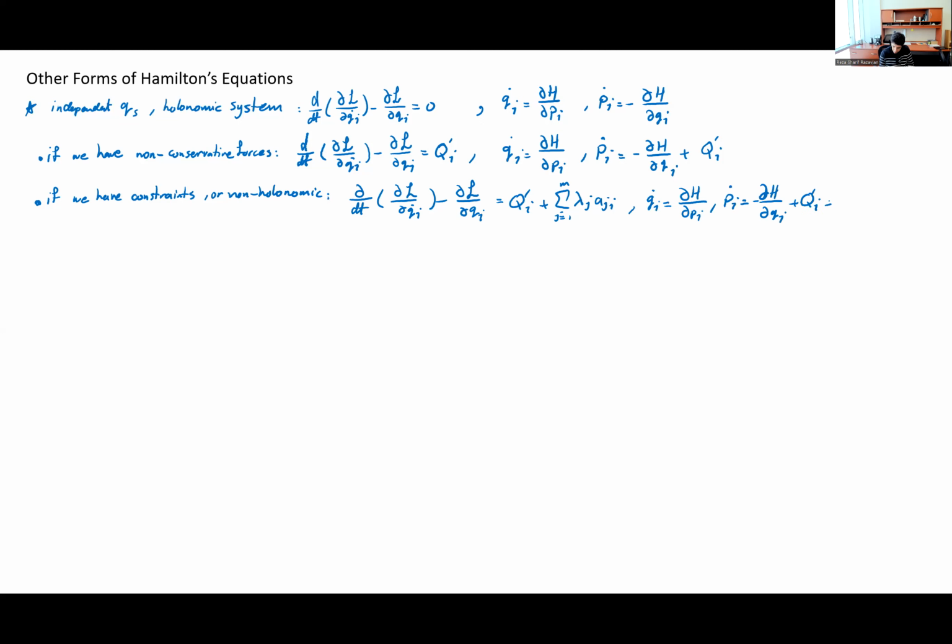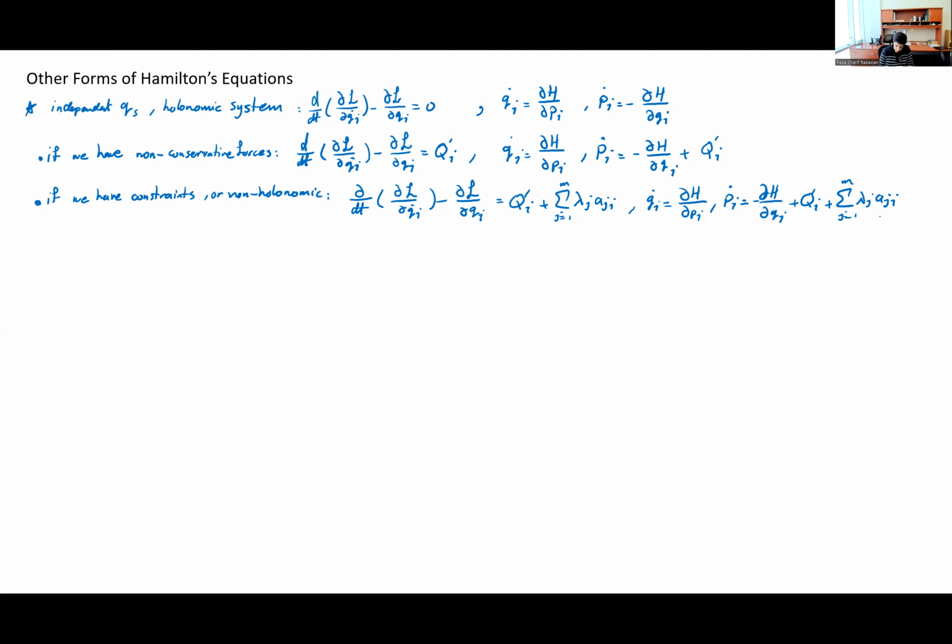Again, same form, plus the sum of lambda j a ji, j from 1 to m. And now in this case, we have q dots, p dots, and lambdas as unknowns.